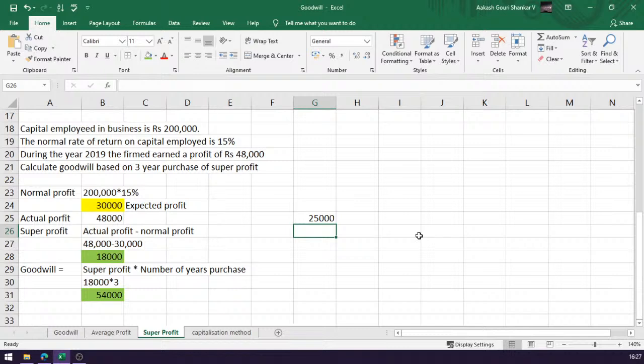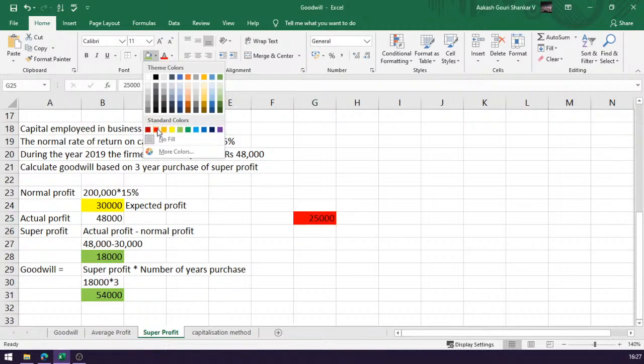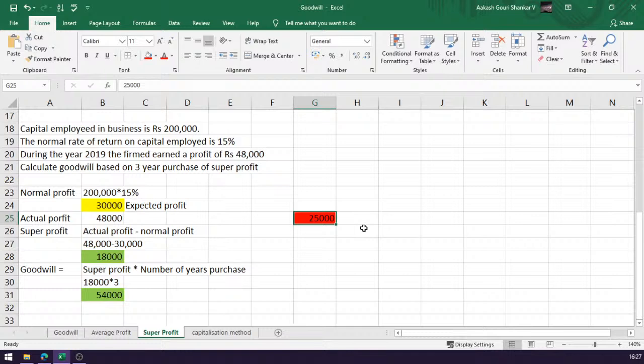In this case, we are not earning a super profit. You can see my expected profit is 30,000, but my actual profit is only 25,000, which I have highlighted in a red cell. So my expected profit is more, but my actual profit is less than that. In this case, there is no super profit. What does super profit mean?